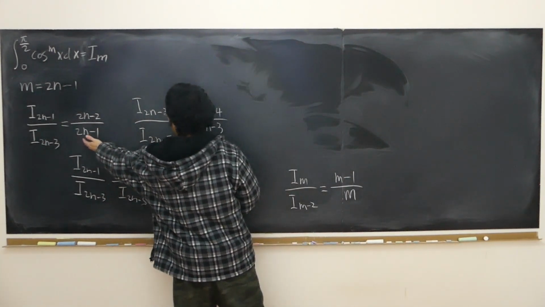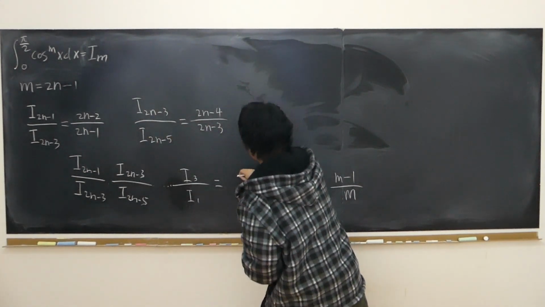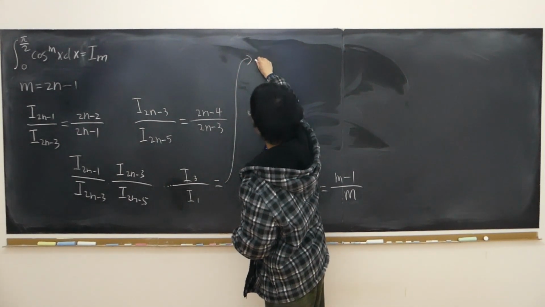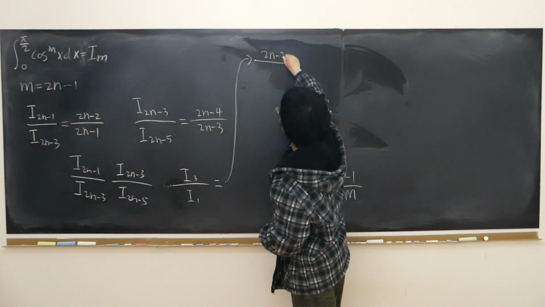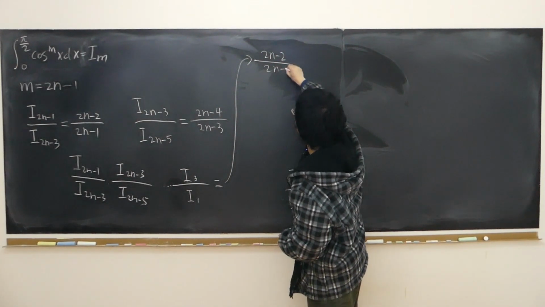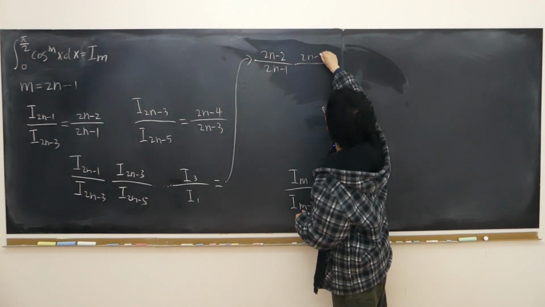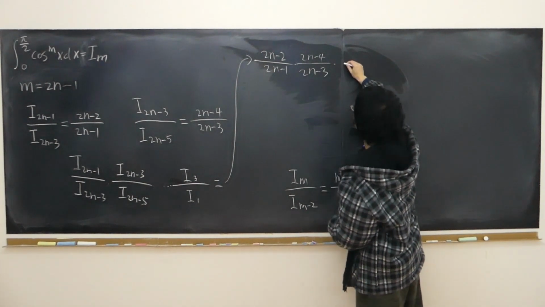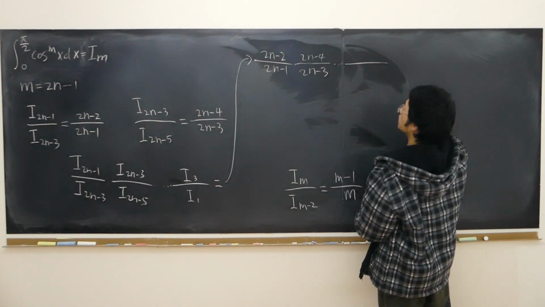Now, right-hand side, multiply everything together. So this multiplied by that, so here equals 2n minus 2 over 2n minus 1 times 2n minus 4 over 2n minus 3 times all the way down to, there's a pattern here.